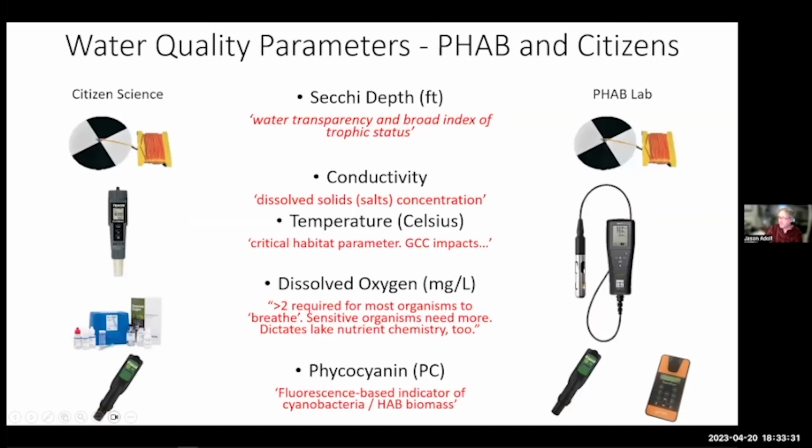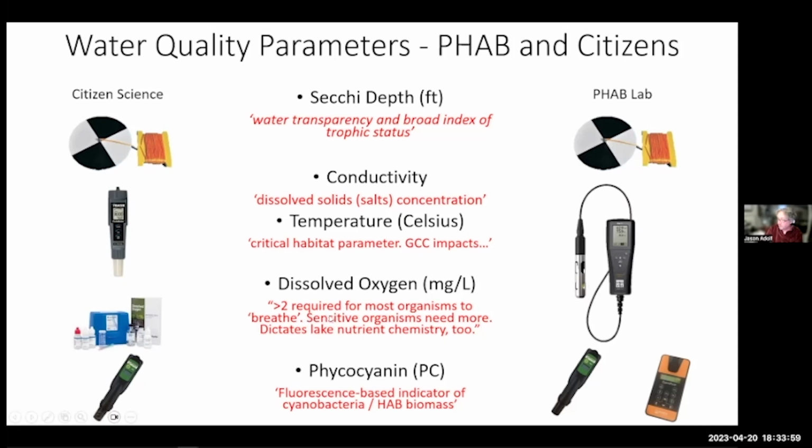We collect data that's shared between my lab at the university and the citizen scientists. We both collect Secchi depth, which is water transparency and a broad index of trophic status. I'll talk about that more in a second. Conductivity or salinity tells us about dissolved solids, salt in water. Temperature is a critical habitat parameter to keep track of, especially in the context of global climate change.